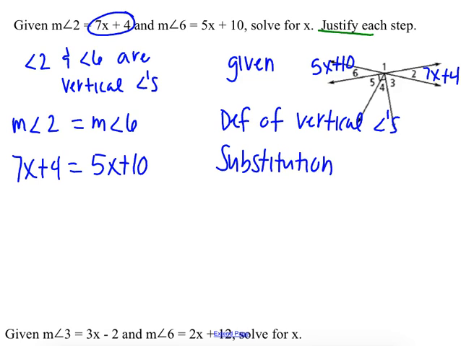And now I'm just solving for x. So I want to get my x's to one side and my numbers to the other. I'm first going to move my x's, so how am I going to get rid of this 5x over here? I'm going to subtract 5x. So 7x minus 5x is 2x plus 4. My x's go away on the right side, so that's just subtraction.